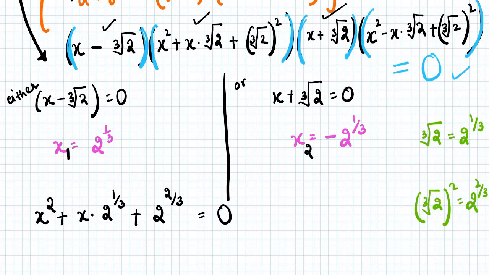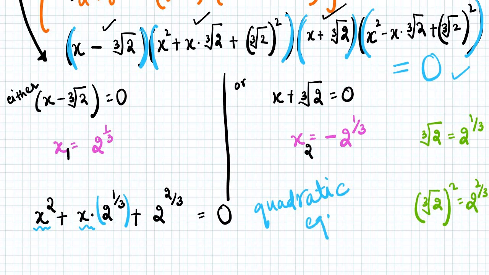Now, this is x square, this is only x with a coefficient, and this is the constant term. So, it's a quadratic equation.